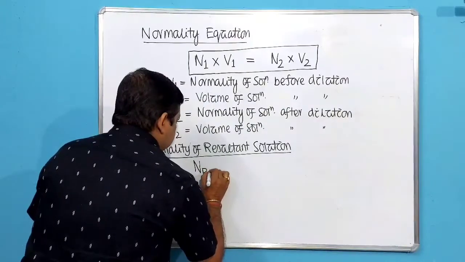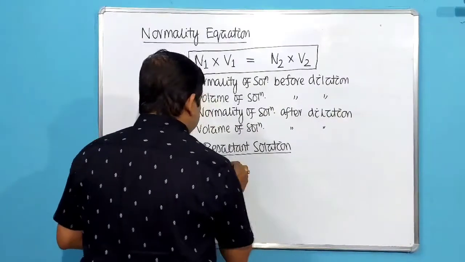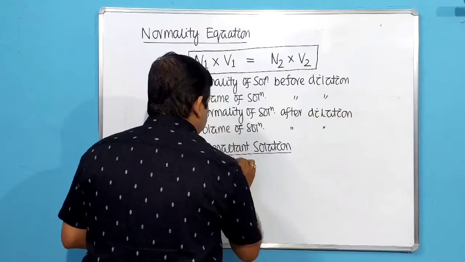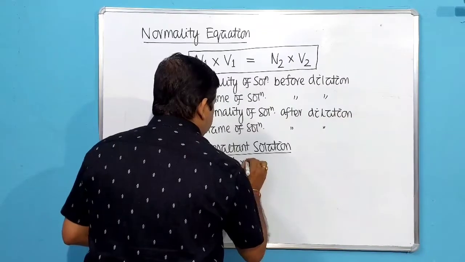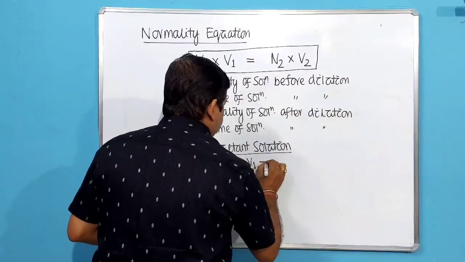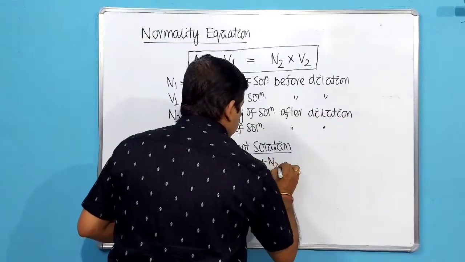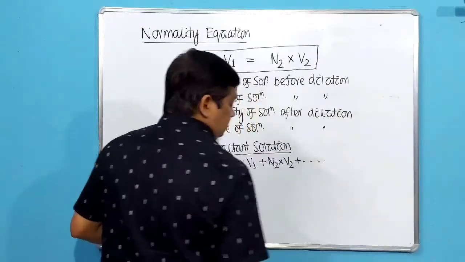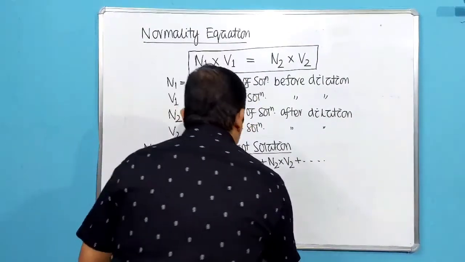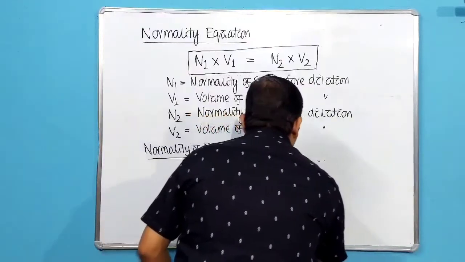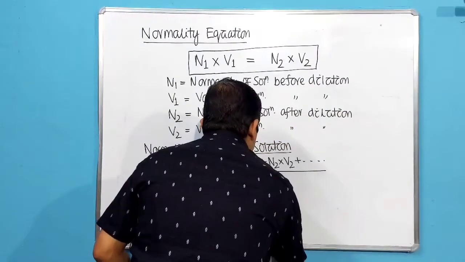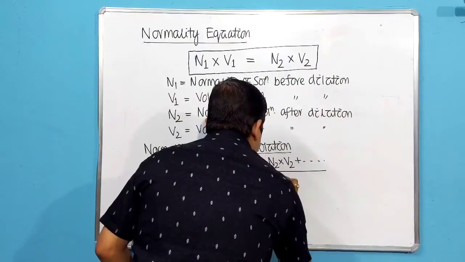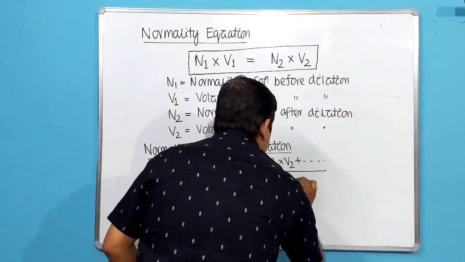So normality of the resultant solution will be equal to N1 into V1 plus N2 into V2 plus, you can add accordingly, divided by V1 plus V2 plus.